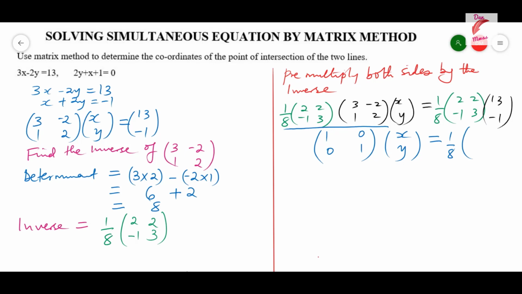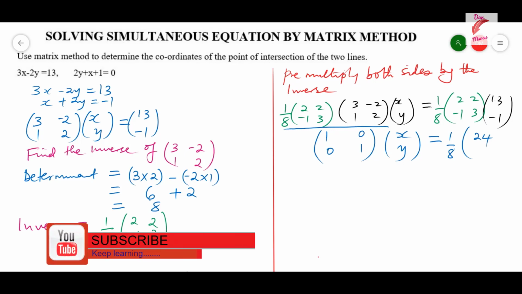When you multiply these, this is 2 times 13, 26, minus 2 times minus 2, that one is 24. Then this is negative 13, negative 3, which gives negative 16.